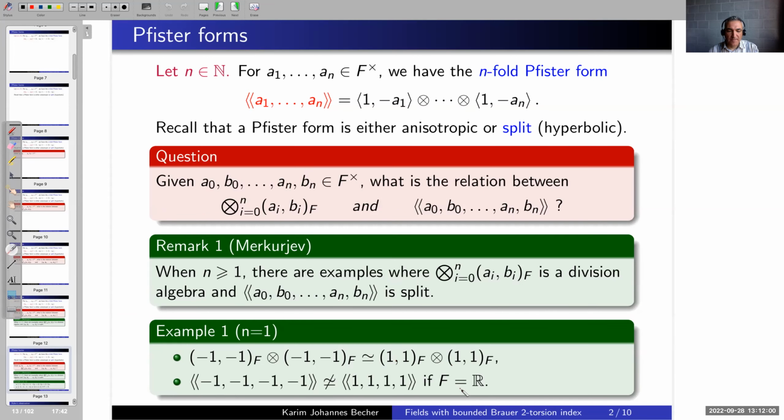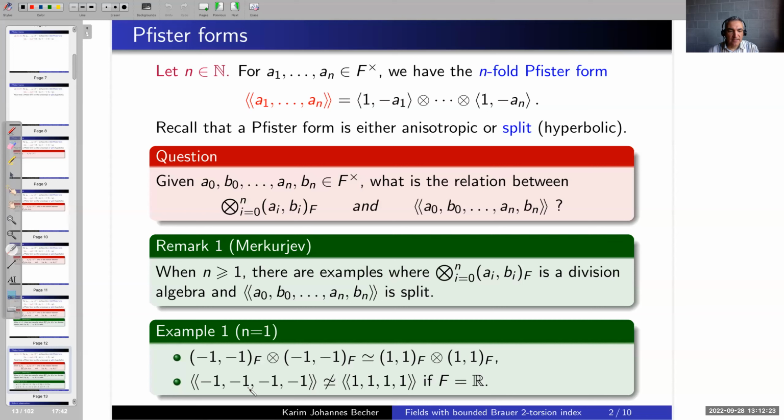So for the real numbers, for example, they would be different, although the tensor products are the same. So this sign problem is already in there, and you could now restrict to the case to get rid of the sign problem. Let's assume that -1 is a square, just to test.